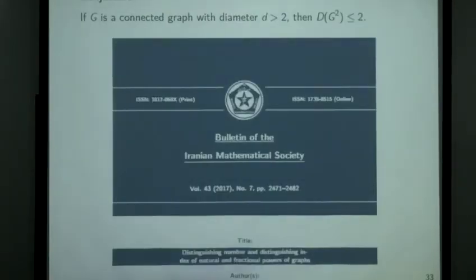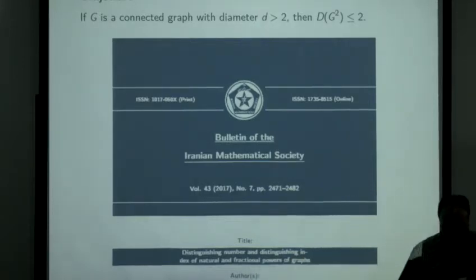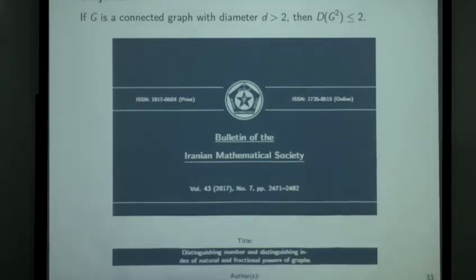Actually, we studied the distinguishing number and distinguishing index for natural and fractional powers of graphs. I am not sure that you have seen the fractional power of a graph, which has a nice definition, and we could obtain some results about the distinguishing number and index of this kind of graph.